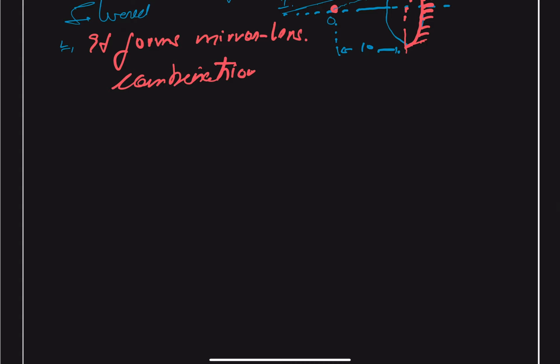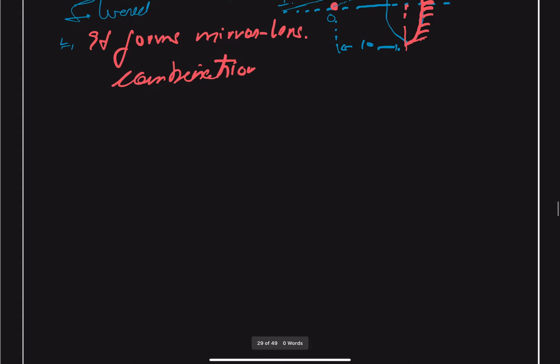The sequence of this entire thing is, first it is our lens, then it comes as a mirror, and then again back to the lens. So this is the entire sequence.